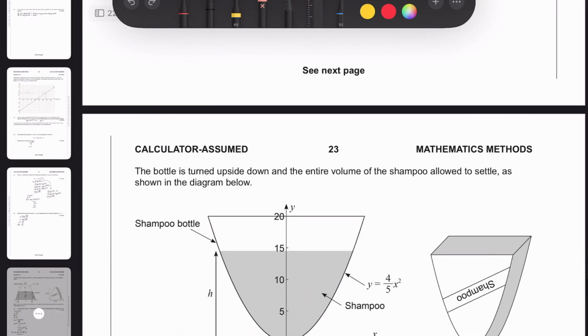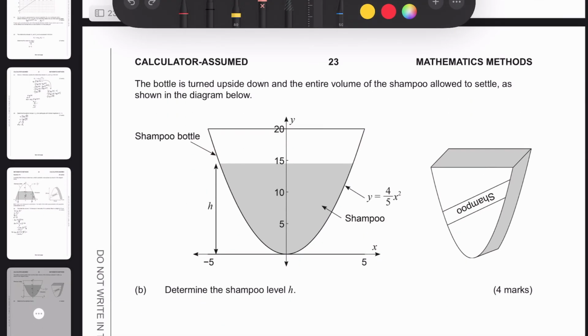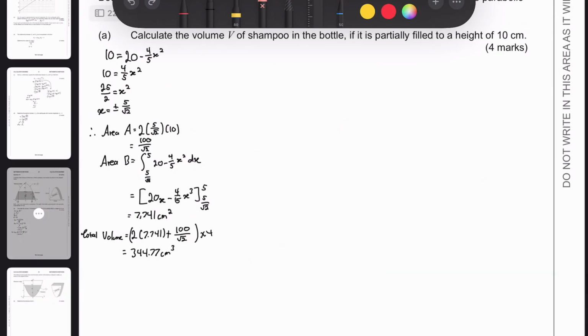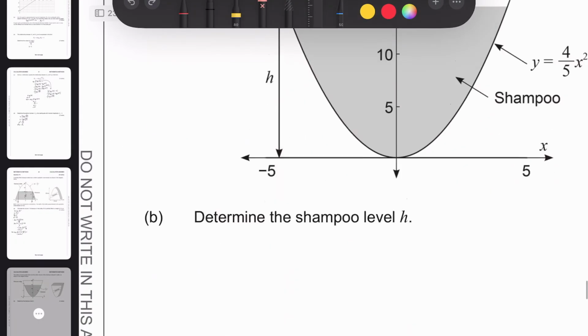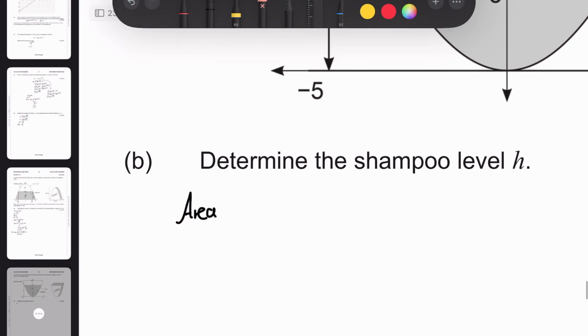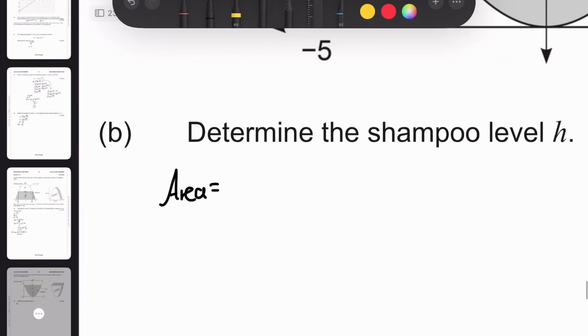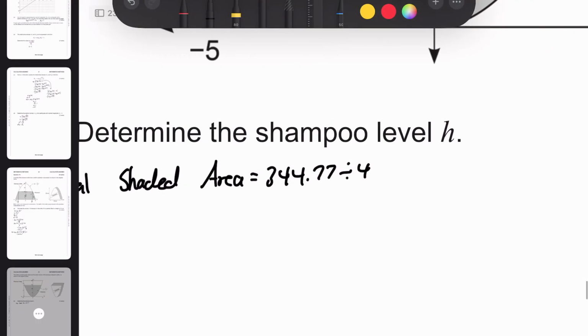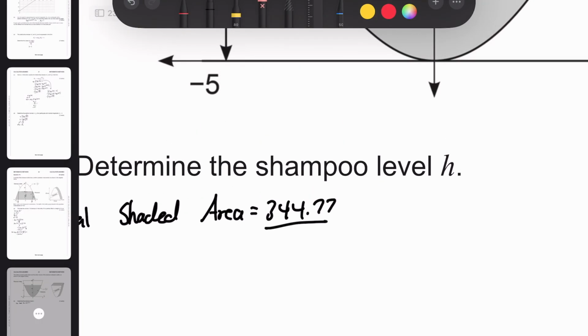Okay. The bottle is turned upside down and the entire volume is allowed to settle as shown in the diagram. Determine the shampoo level H. So we know that the area must be roughly, so area is equal to, maybe we say total shaded area, 344.77 divided by 4.